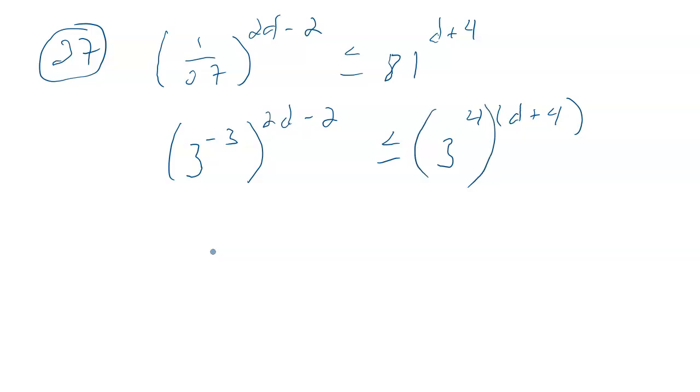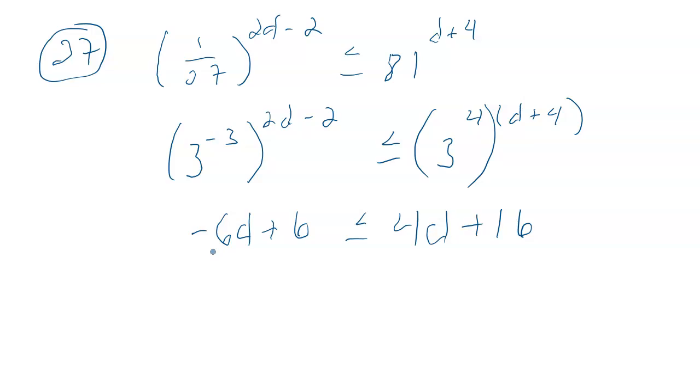Or how about that? Perfect. When an exponent is raised by an exponent, we multiply. So we get negative 6d plus 6 is less than or equal to, I skipped a step there, just saying the exponents, 4d plus 16. And we have a little bit of an issue here.